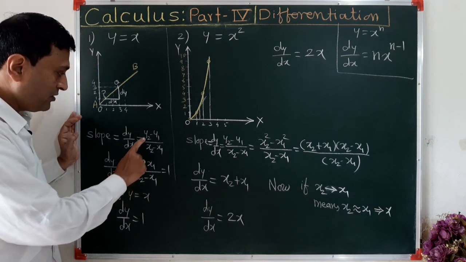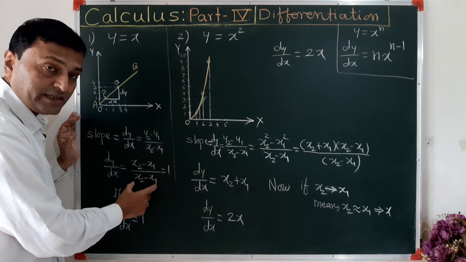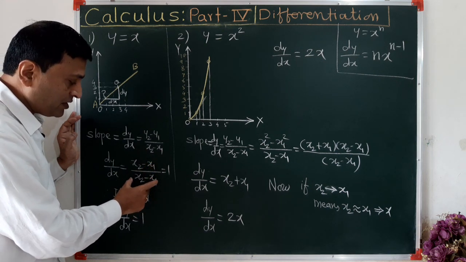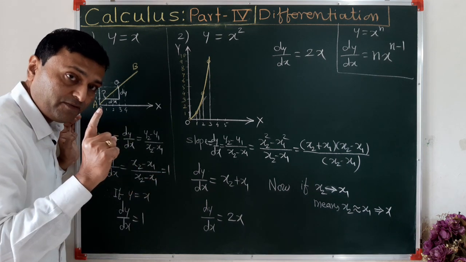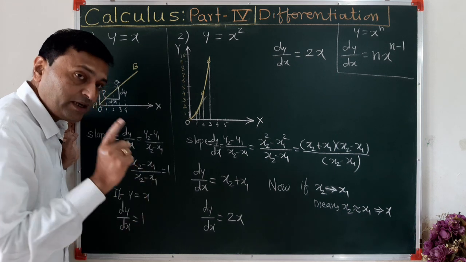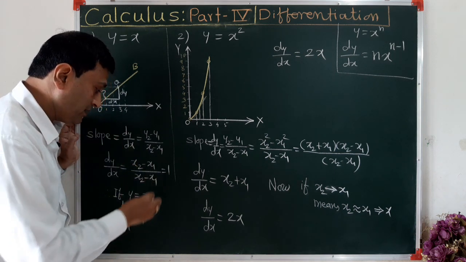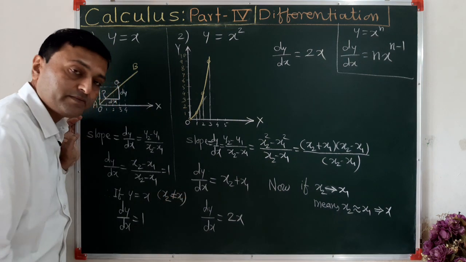Then you can put y2 as x2, y1 as x1, and keep x2 minus x1 as it is. So x2 minus x1 upon x2 minus x1 is equal to 1, if x2 and x1 are not the same. This is the condition: x2 is not equal to x1.